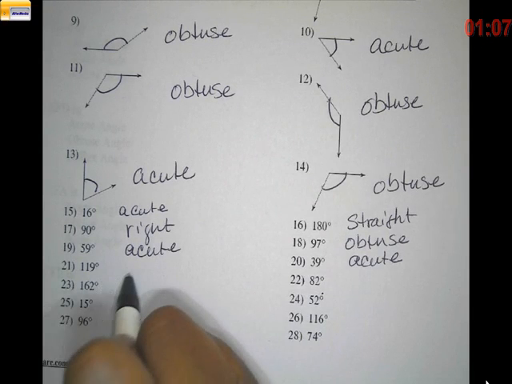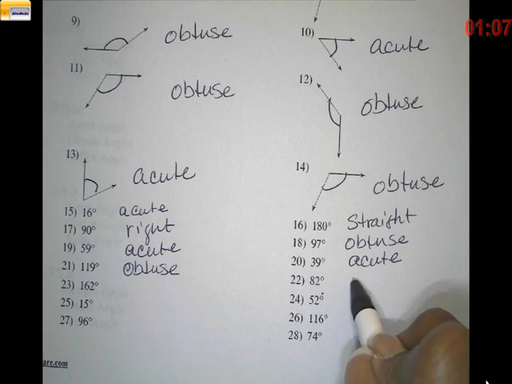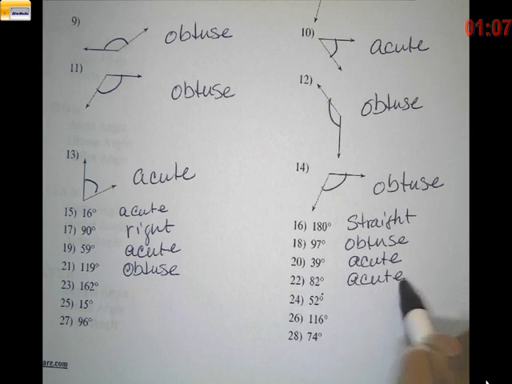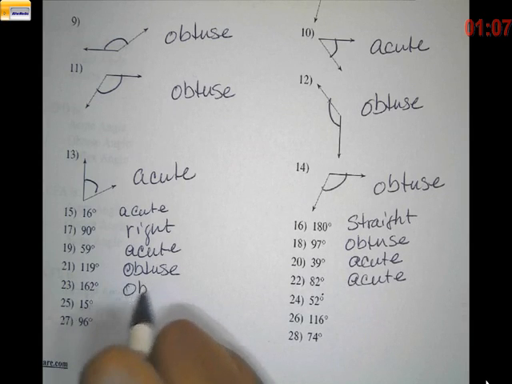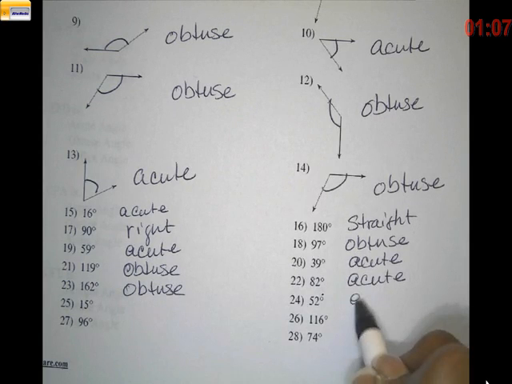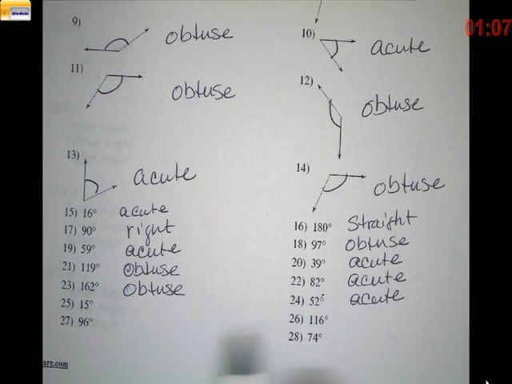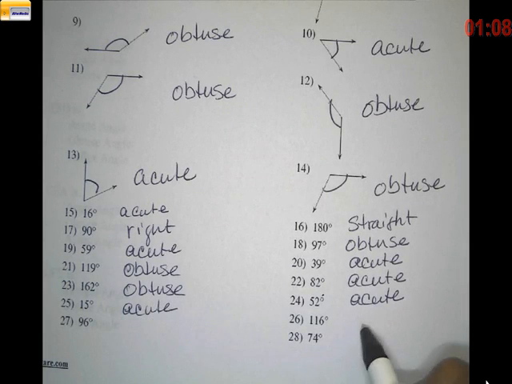So now let's just go left to right. What's 119 degrees? What size? Obtuse. And 82 degrees would be acute. 160 degrees would be obtuse. 52 would be acute. 15 would be acute. 116 would be obtuse.